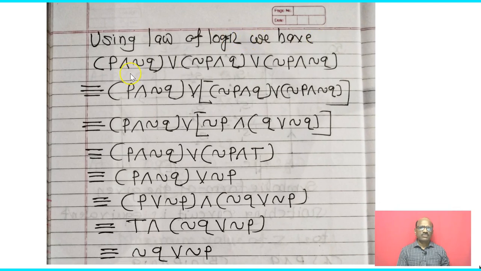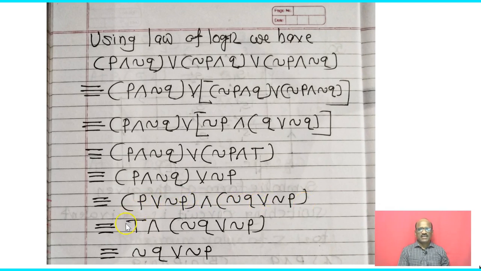Using the laws of logic you have (P and negation of Q) or (negation of P and Q) or (negation of P and negation of Q). This is the first bracket. Now solve these two brackets. Here the negation of P is common, therefore by the distributive law, negation of P and (Q or negation of Q). The value of this is true, and negation of P and T is negation of P. And again distributing negation of P over this, that is P or negation of P, and negation of Q or negation of Q here.